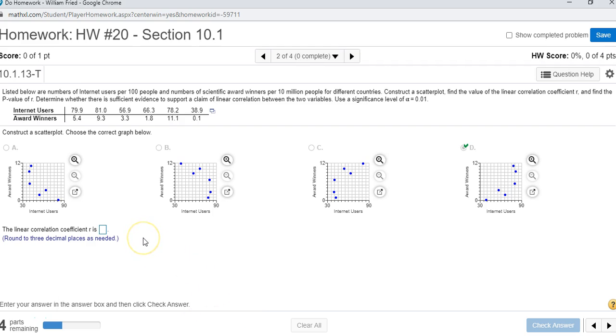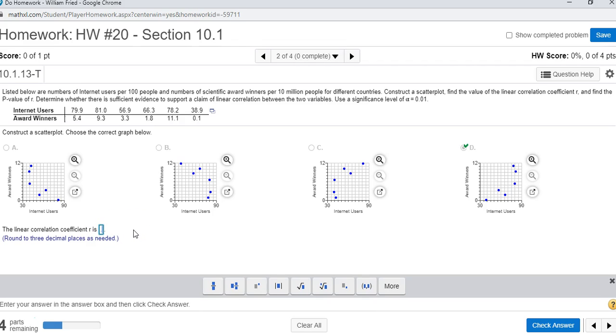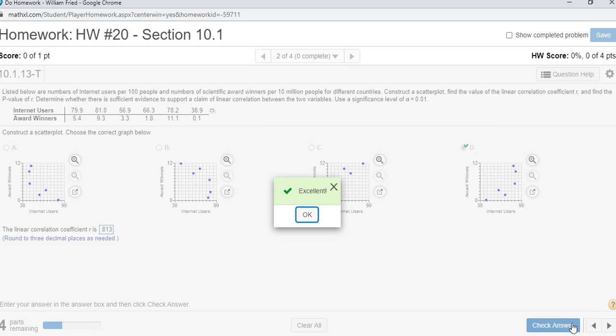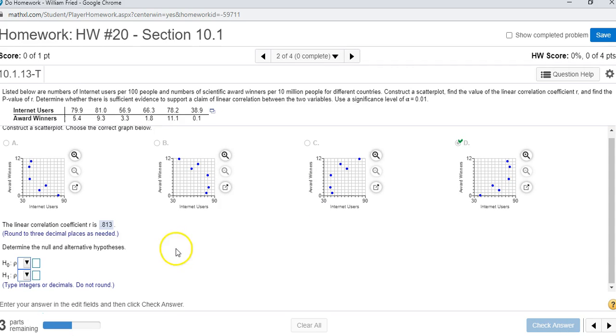So the linear correlation coefficient R, that's that R value, to 3 decimal places, 0.813. Okay, that's good. Next part, the null and alternate hypothesis.